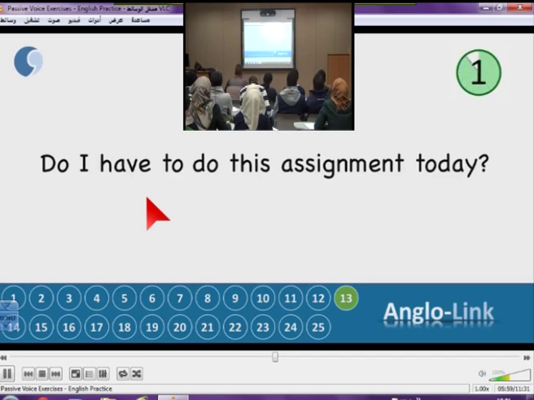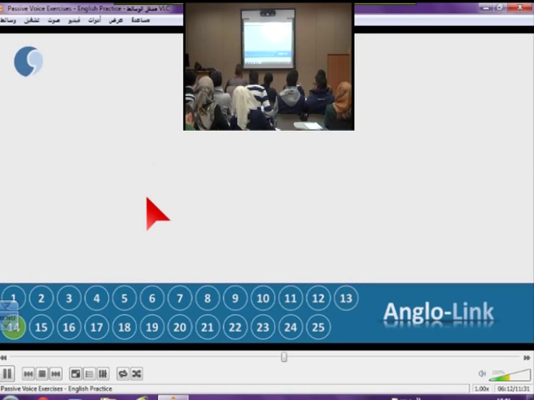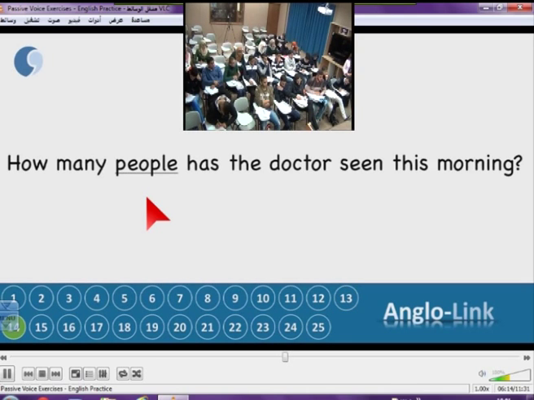Keep it in the present because we have present do. Does this assignment have to be done today? Because this assignment is singular, we use does instead of do. Number 14. How many people has the doctor seen this morning?